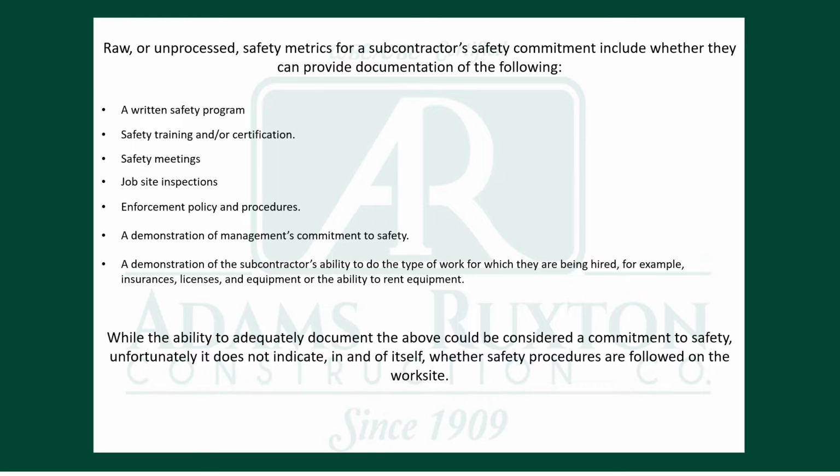While the ability to adequately document the above could be considered a commitment to safety, unfortunately it does not indicate, in and of itself, whether safety procedures are followed on the work site.